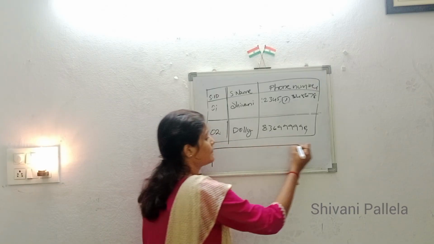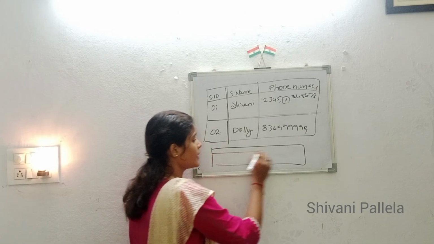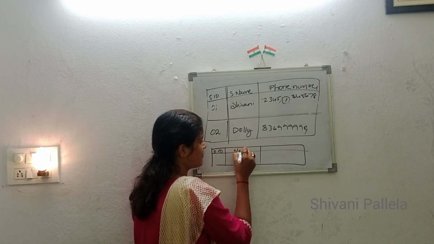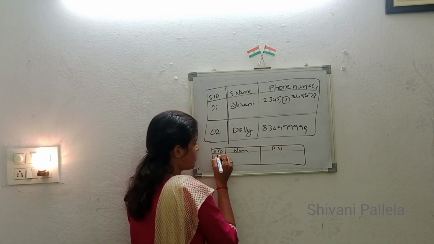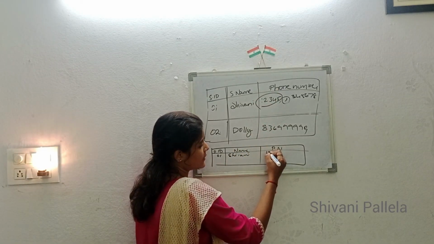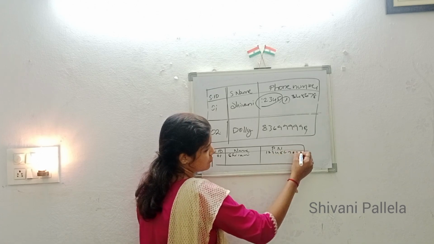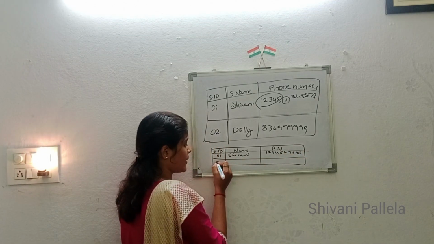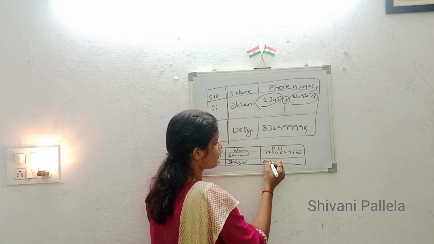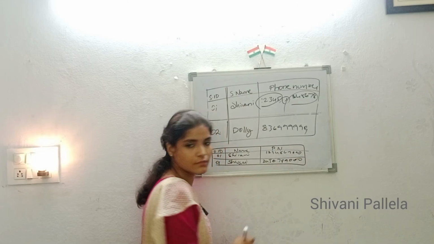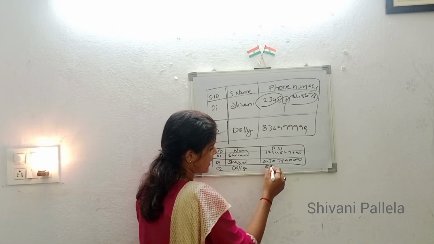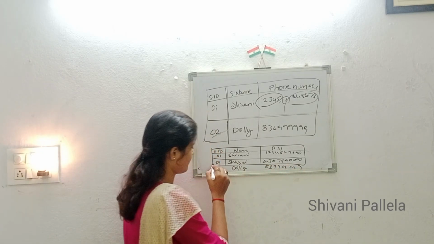How will it come? In the exam also you should do it like this only. Student ID, student name, student phone number. First student Shivani and her first mobile number 1234567890, and again Shivani and her second number 3456789000, and third Dolly with a number like 83999.